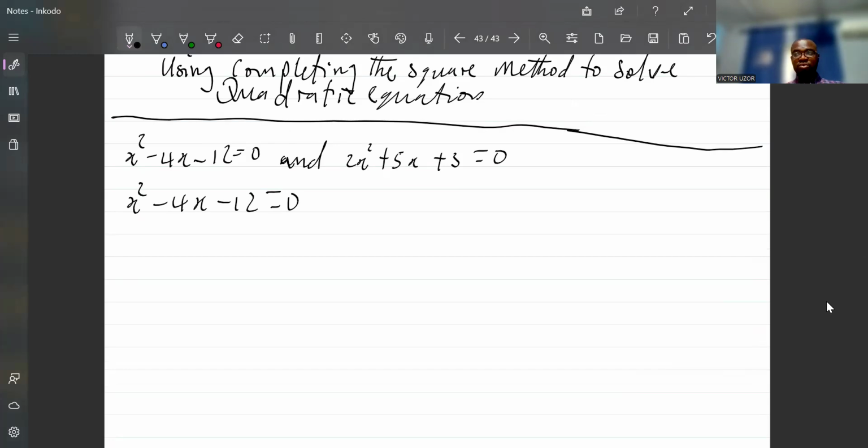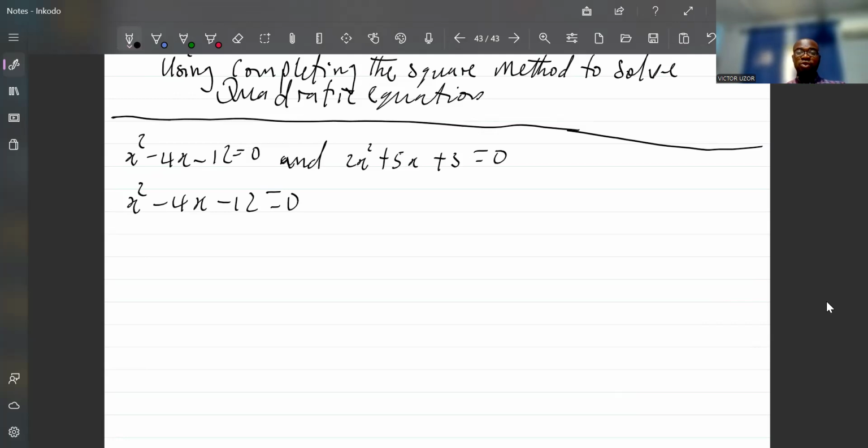Now, with the completing the square method, your plan is to put it in vertex form. And what is vertex form? I have a video on how to convert a quadratic equation to vertex form.